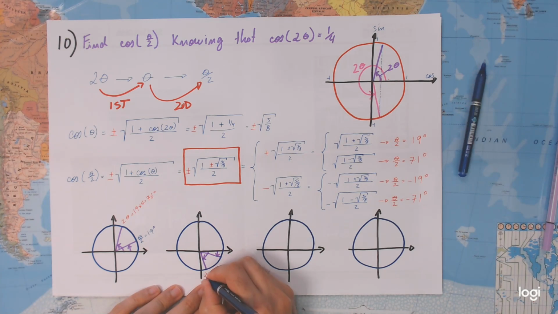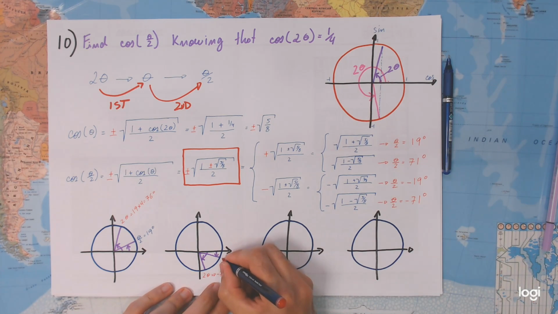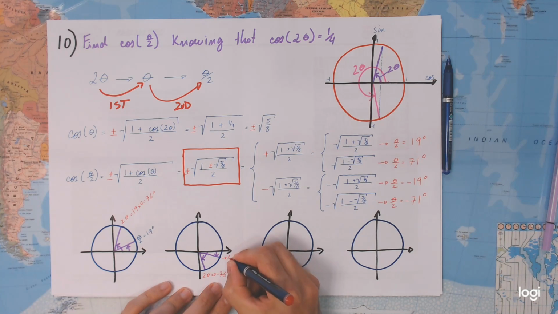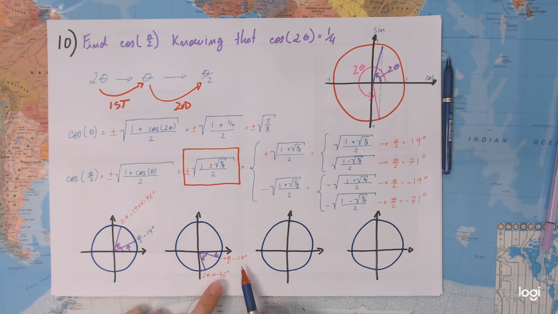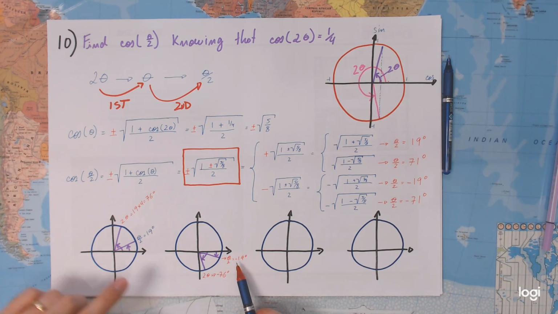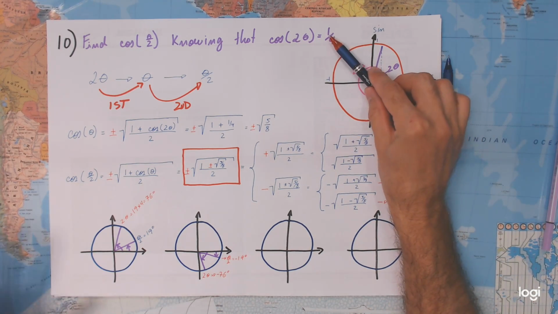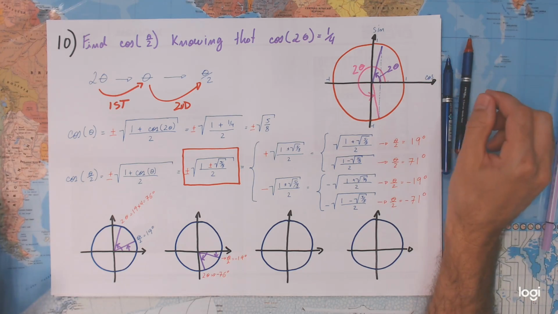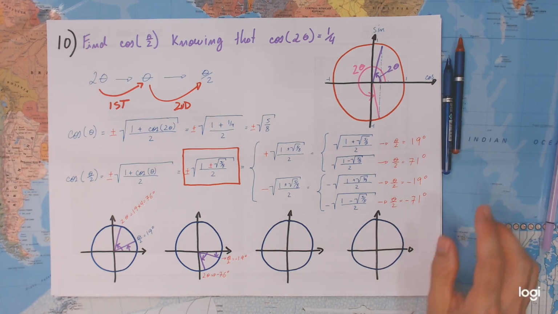This would be the 2 theta, but in this case it is going to be negative 76 degrees, and this would be theta over 2, which is minus 19. And again, look, both angles are negative, but both angles yield a positive cosine. It is in agreement with the exercise. But in this way we can just say that the angles are 19 and 76 degrees.